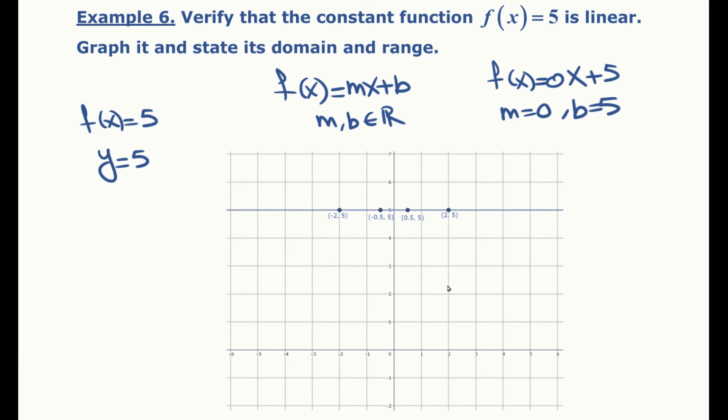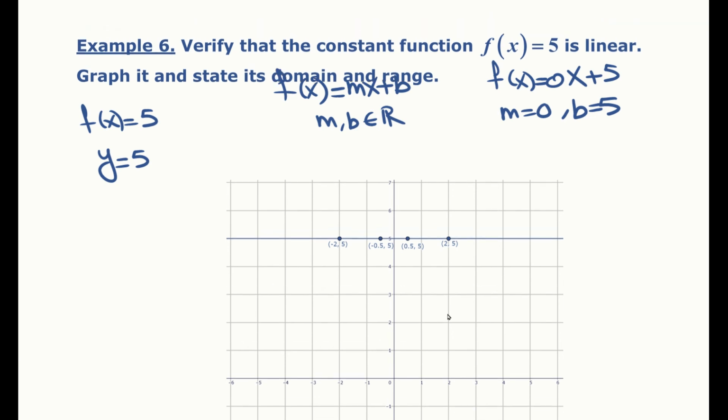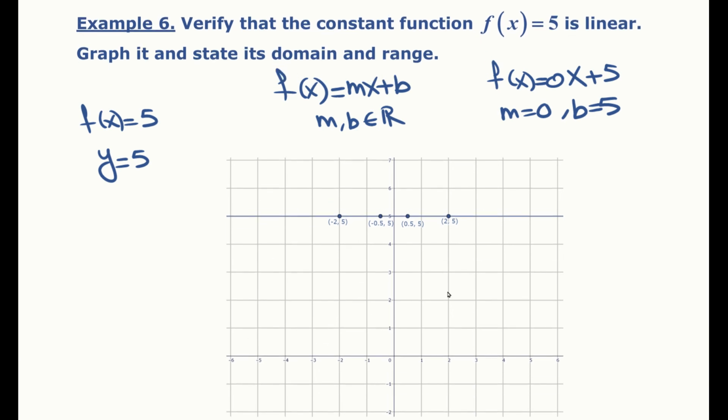Notice that if we make a table here, we would have something like this, right? So when x is, for example, -2, what's f of -2? Well, it's going to be 5. Remember, this is a constant function. What's the f of -1/2 or -0.5? That's also going to be 5.